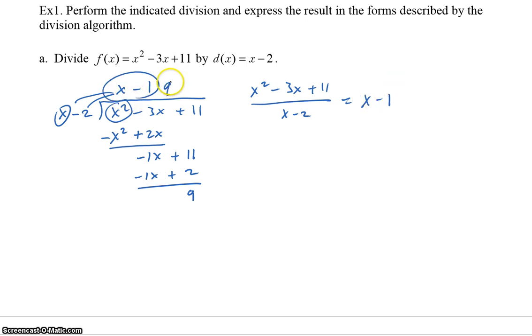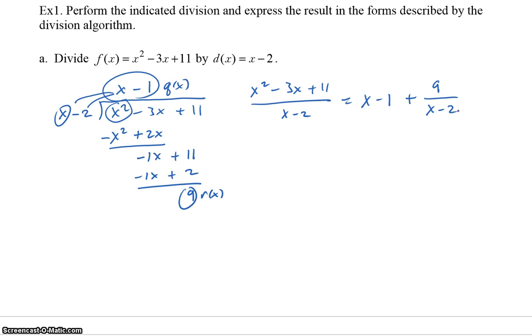So this is q of x. Then we add to that the remainder, which is 9. So 9 is r of x over the original divisor, which is x minus 2. This is analogous to writing an improper fraction as a mixed number with whole numbers.